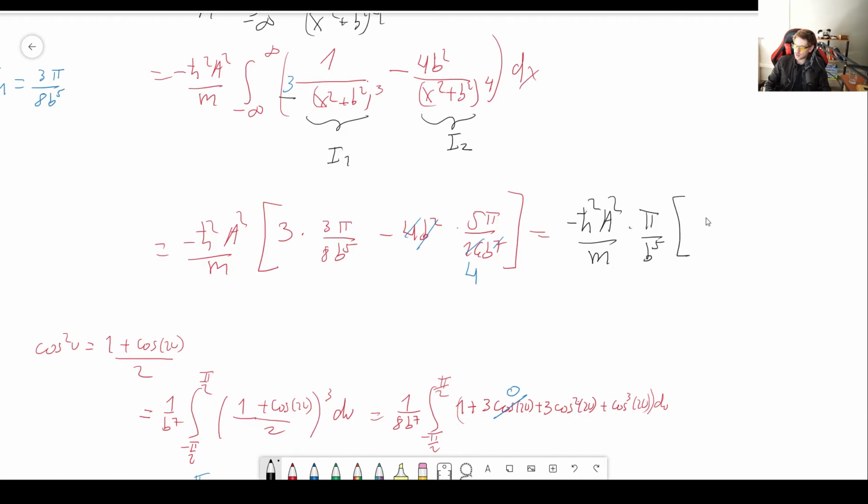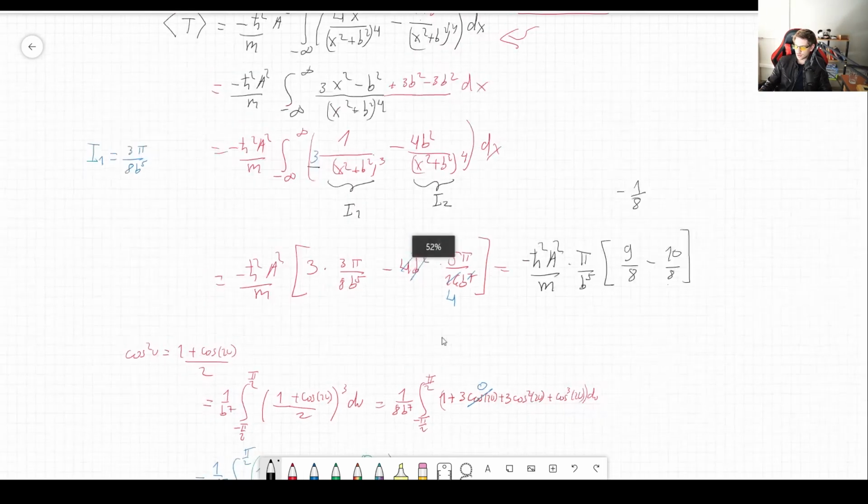And we are left with, let's see, 9 over 8 minus 5 over 4. So I guess we can rewrite this as 10 over 8, so minus 10 over 8. So 9 minus 10, this is minus 1 over 8.